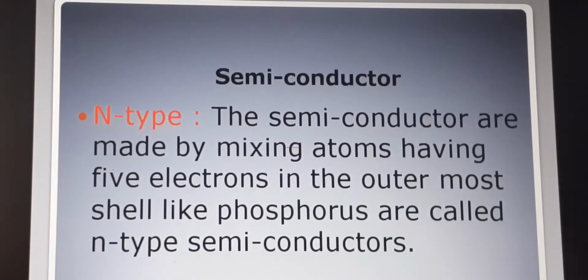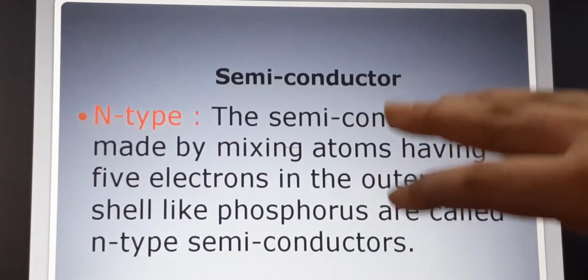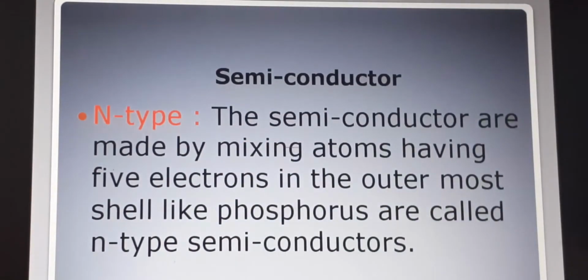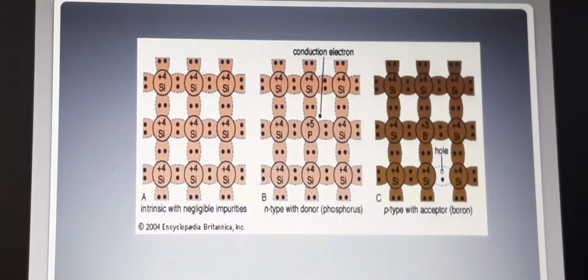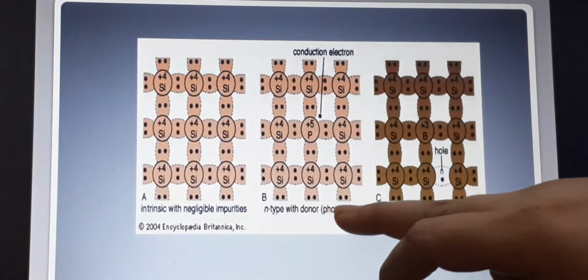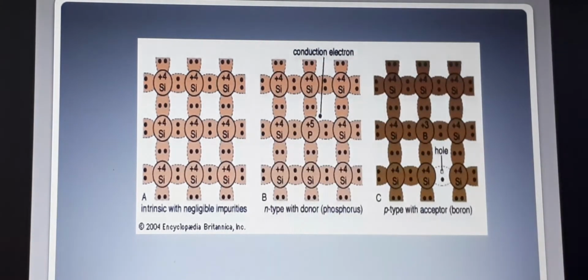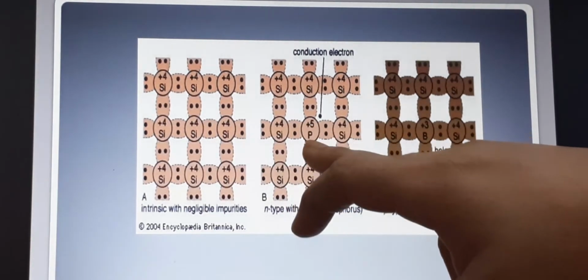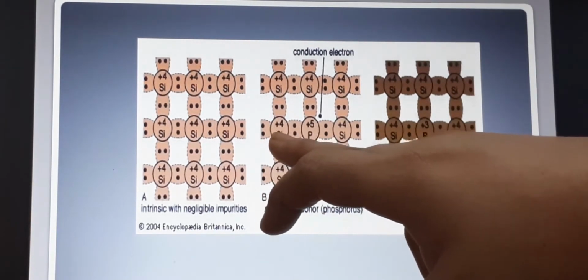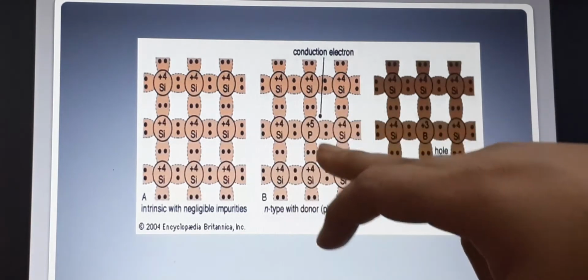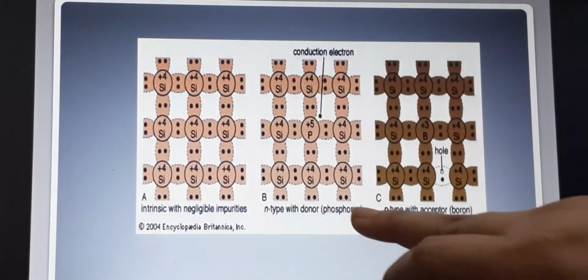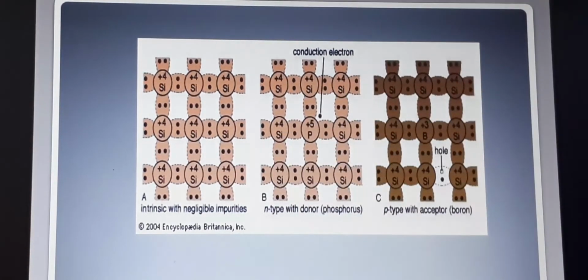That means the atoms which possess 5 electrons in the outermost shell, like phosphorus, are called N-type semiconductors. Here is the structure of an N-type semiconductor with donor phosphorus. Here is the phosphorus, here is the silicon. Here in N-type, phosphorus acts like a donor.